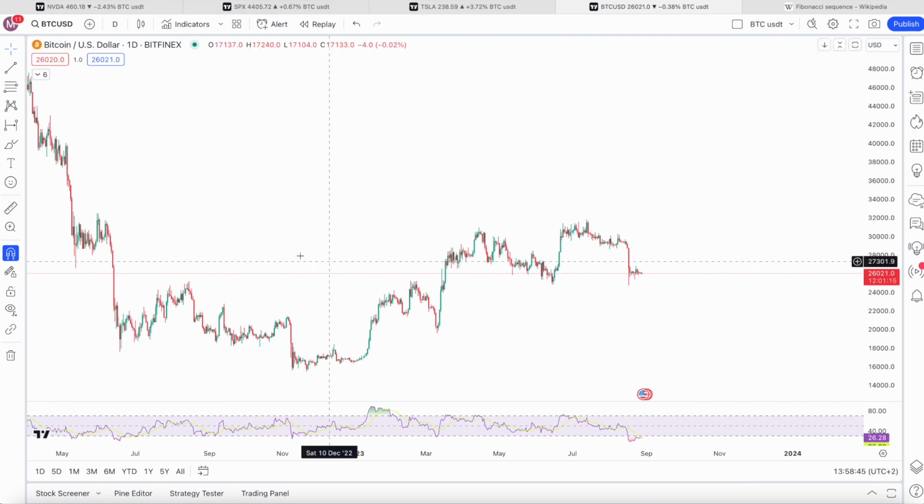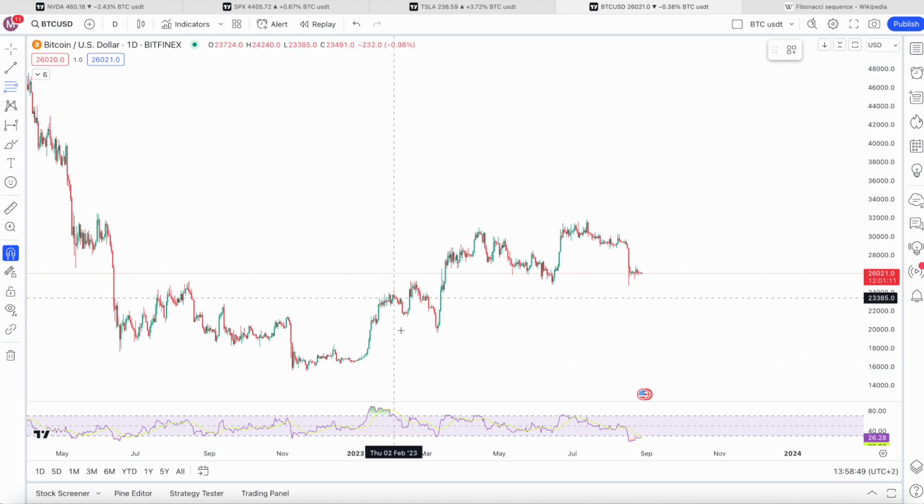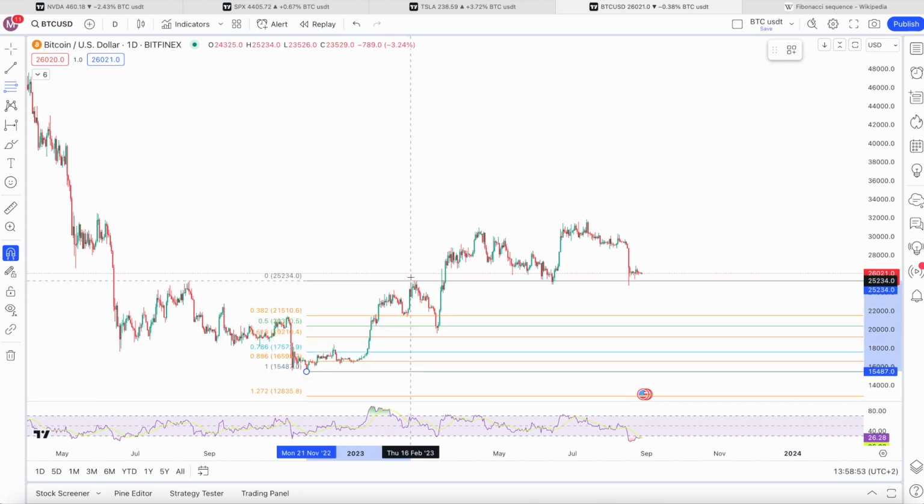Now it's also important to add here that, let's say you have an uptrend or a downtrend, let's take it from the bottom to the top here, and the price is going down. So let's say there are heavy sellers here. People open their shorts, they are selling. But as they are getting close to some of the important Fibonacci numbers, they might know that some people will open longs at those numbers.